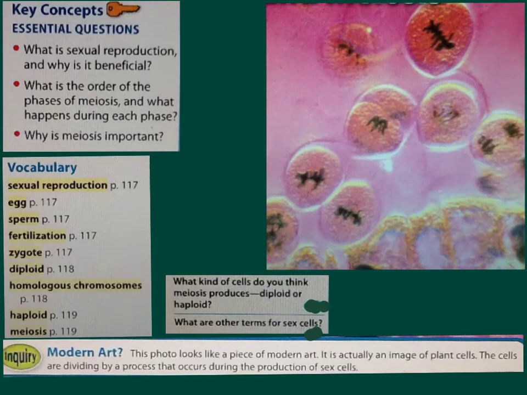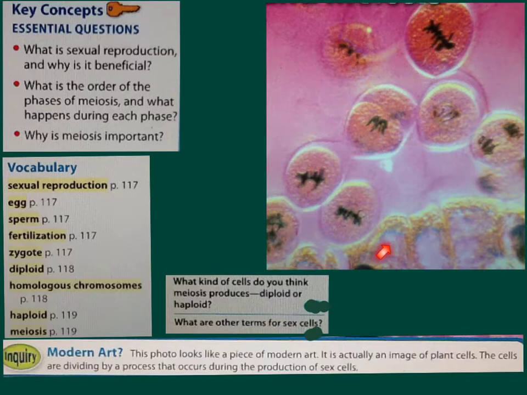Okay, so in this lesson, we're going to be talking about sexual reproduction and meiosis. When you take a look at the picture that's here, it's like a photo of modern art. This actually is an image, though, of plant cells.